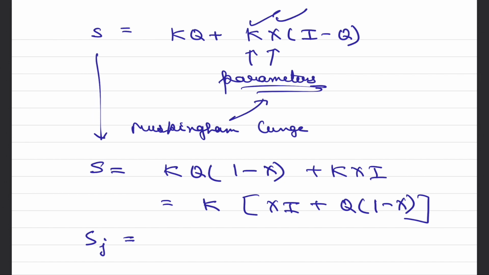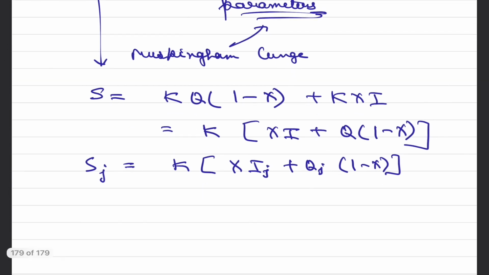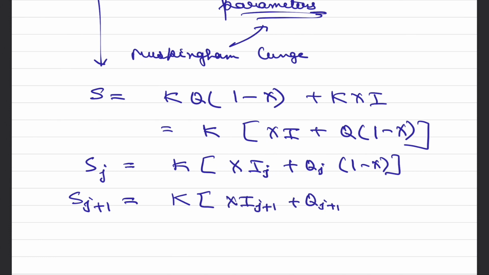Also, if we have to write storage at any time instant, or index identifying time instant t, let us say Sj, we can say that this is equal to K into Xij plus Qj into 1 minus X. At any other time, j plus 1, which is next to Sj, we can again write K into Xij plus 1 plus Qj plus 1 into 1 minus X. So I have 1 here, I have 2 here.